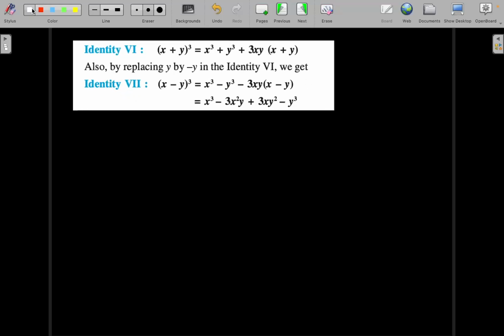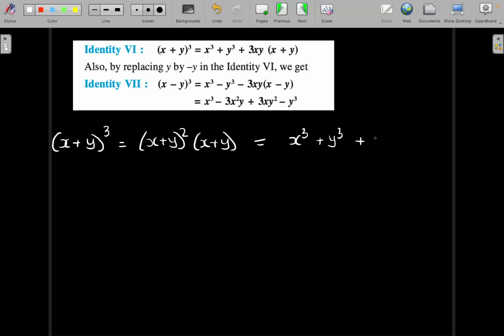So though there is nothing much to explain, this can be remembered in two ways. So we have x plus y whole cube. Now all you need to do is write it as x plus y whole square into x plus y and just multiply it out by brute force, and you will get x cube plus y cube plus 3xy into x plus y.